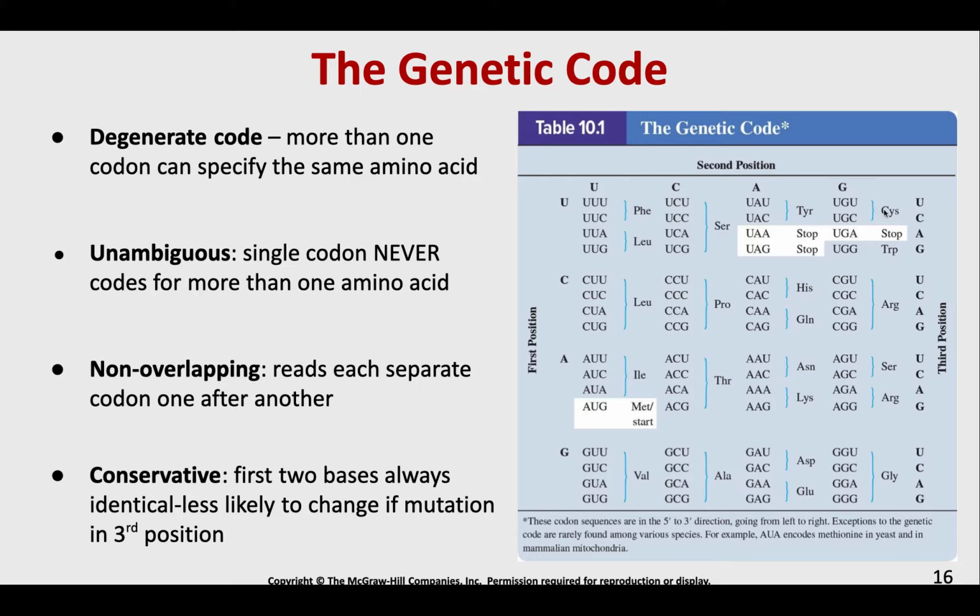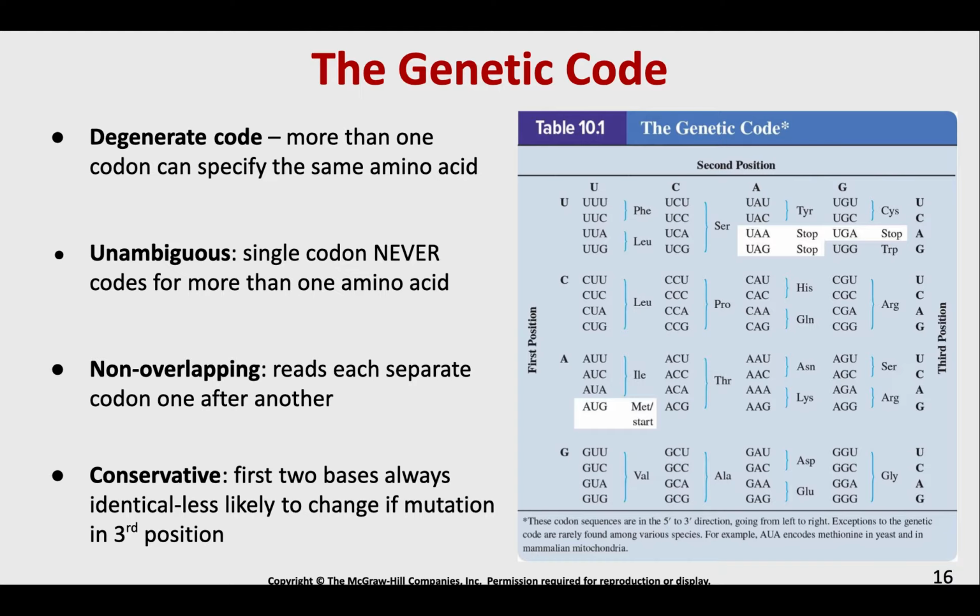If we look at the very top here, we see that the codon uracil, uracil, uracil, or UUU, codes for phenylalanine. But so does UUC, it also codes for phenylalanine. So more than one codon can be specified for an amino acid.